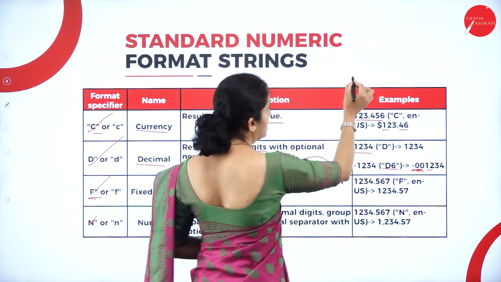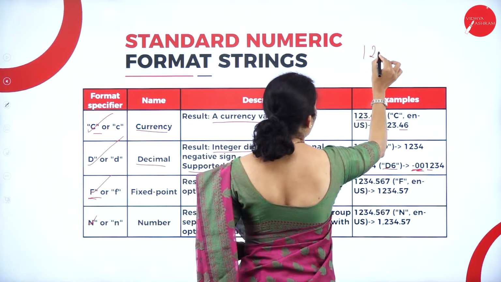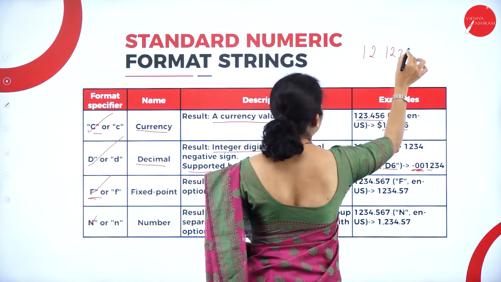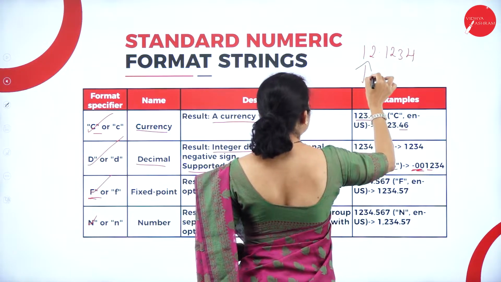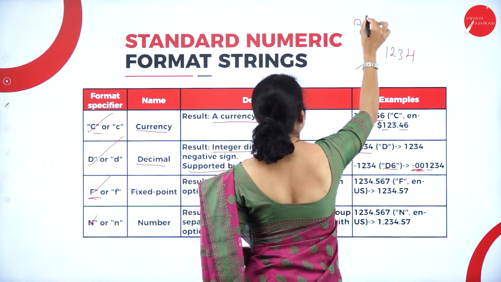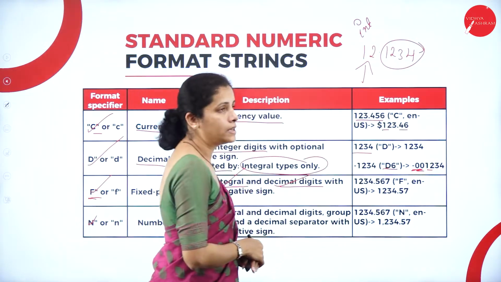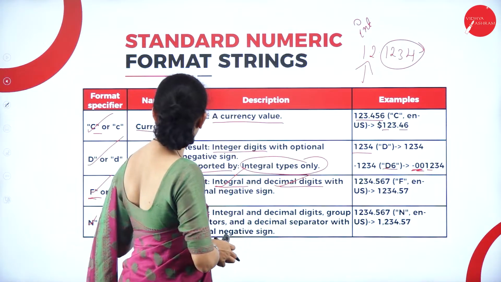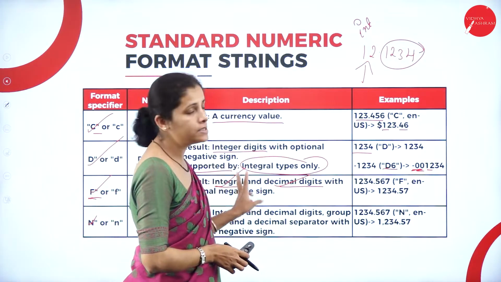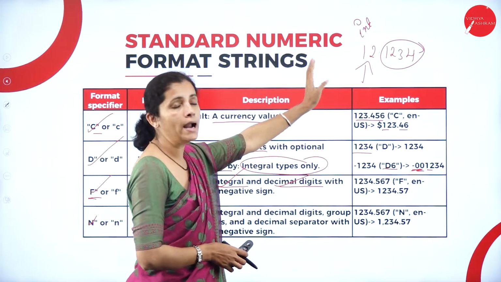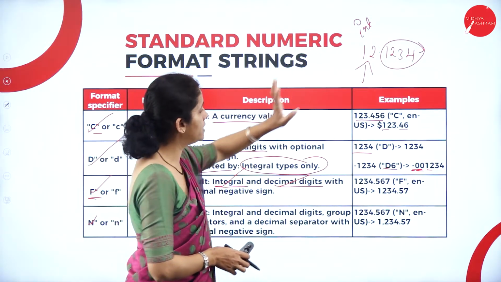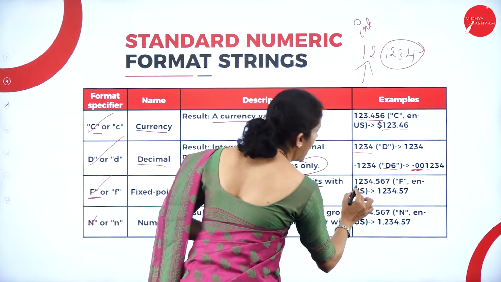So here if I consider 12.1234, this 12 is my integral part and this is my decimal part. Now if I consider floating point numbers, then I can have the integral part as well as the decimal part.